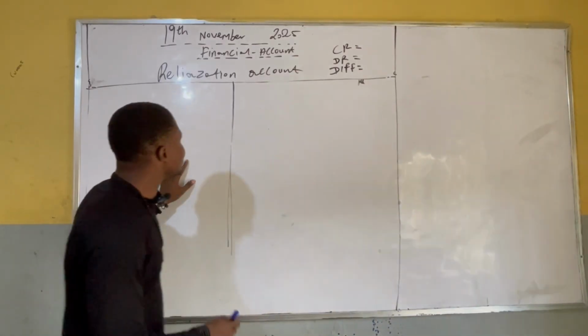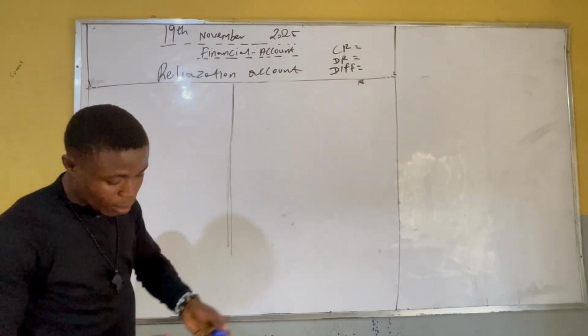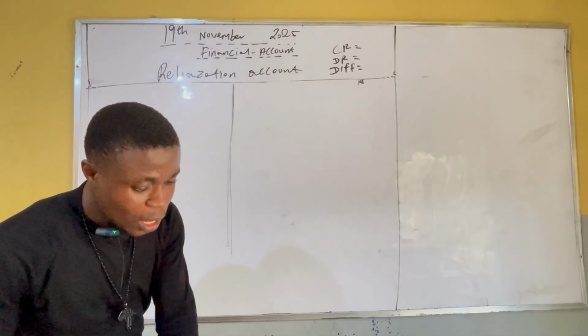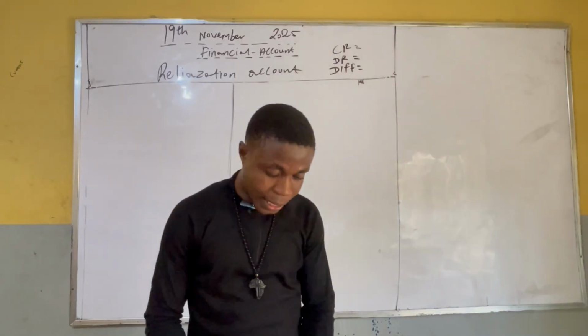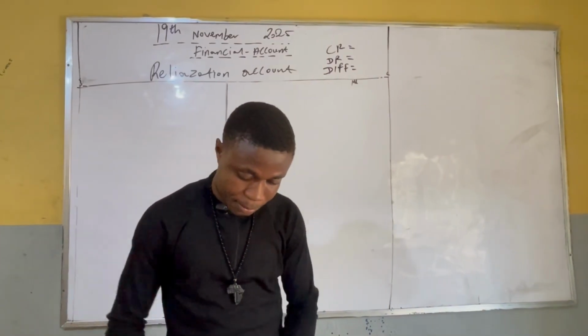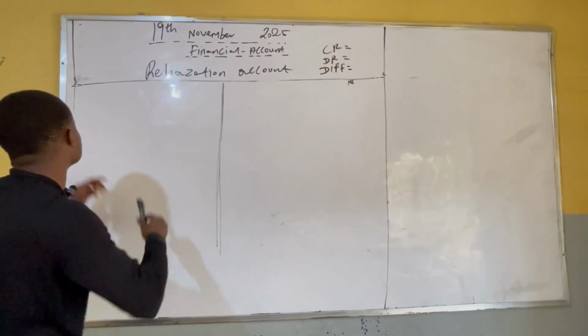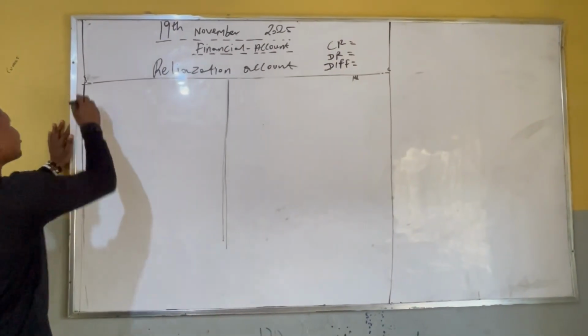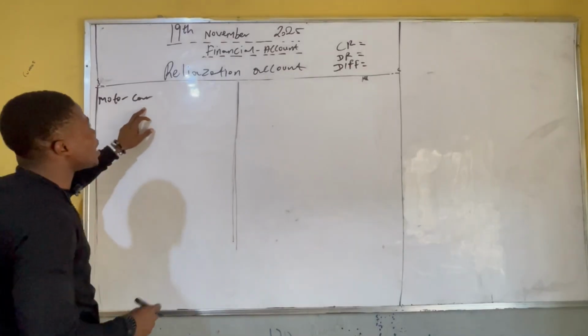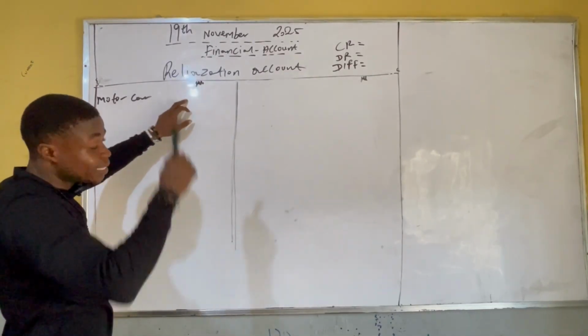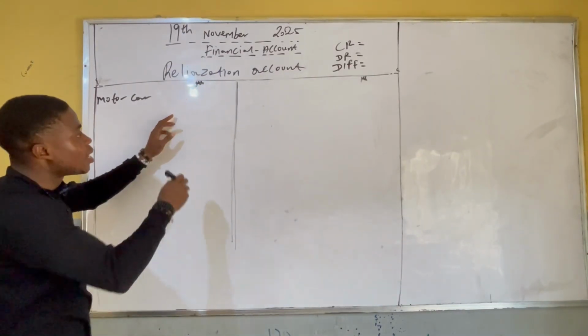Let's take it one by one. Let's deal with this side. We have those things that are in the balance sheet. Let's list them out one by one. We have the motor car. How much is the motor car valued at in the balance sheet?